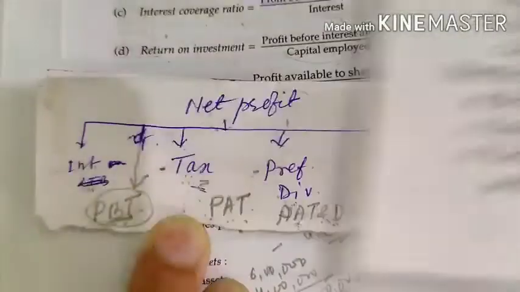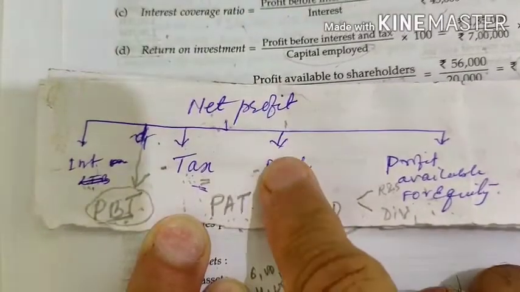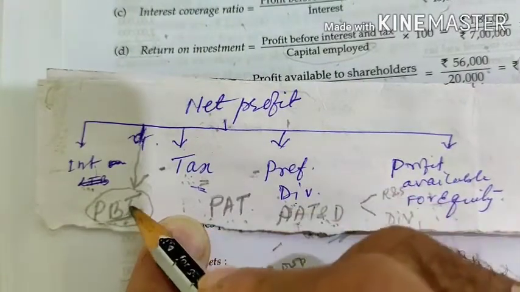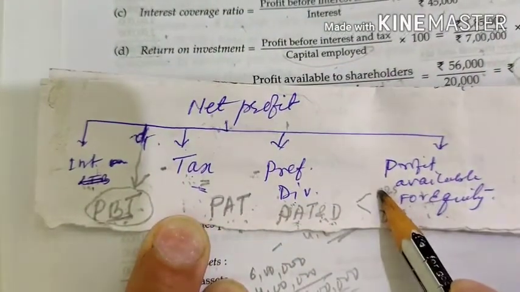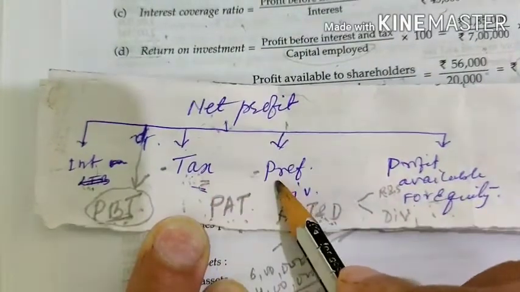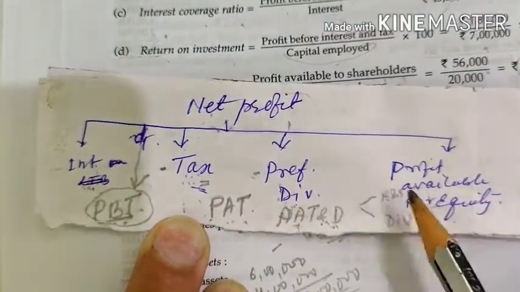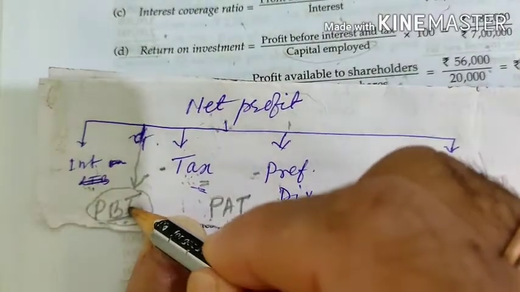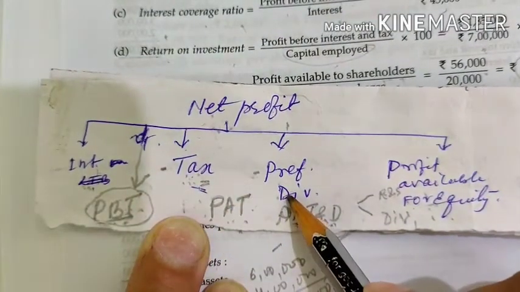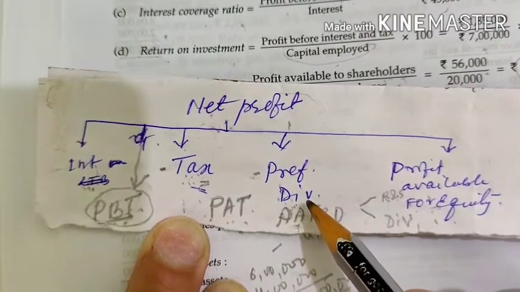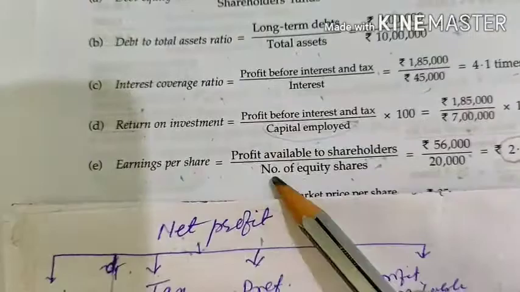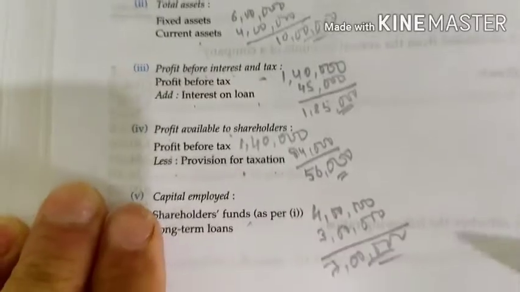But profit before tax is given to you in the question. You have to arrive here. So how do you arrive here? This minus this, you come here. So profit before tax minus provision for taxation, this dividend is not given, right? So you arrive at profit available to shareholders.